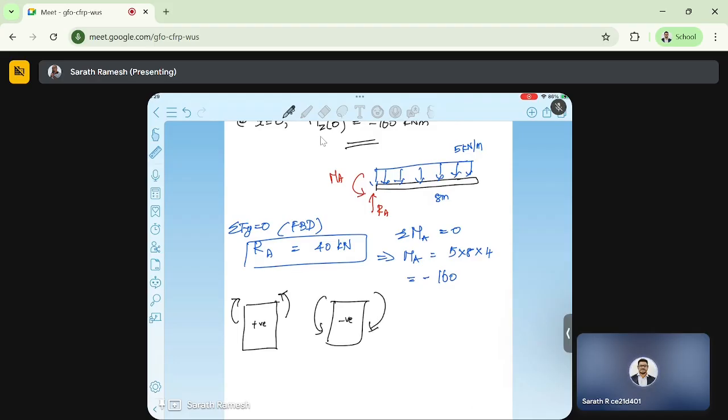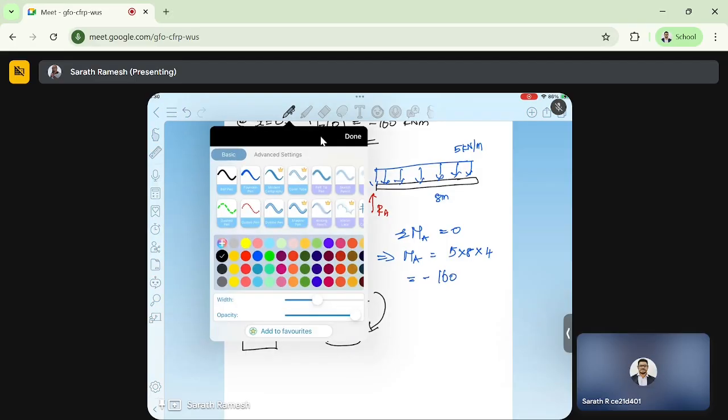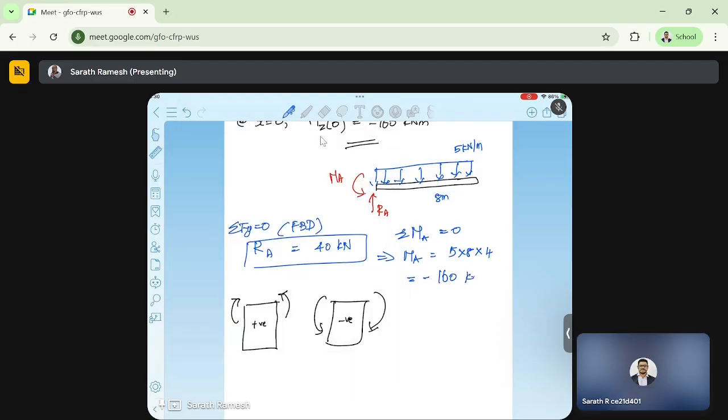Left side clockwise, right side anti-clockwise is the positive sign convention for us, and the opposite of it is the negative sign convention. Fine, so this we can directly write for part B.